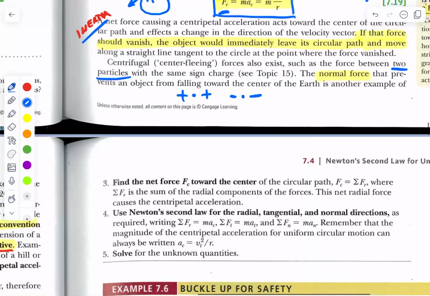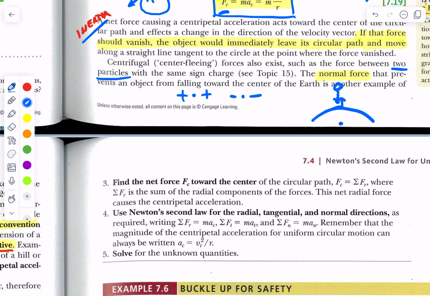Let's see, if an object is falling towards the surface of the earth, and here it comes. How you like that whistle? And it's falling towards the center of the earth until the surface blocks it when it hits. And so the normal force, where the earth is pushing up once the object hits it, would again be a centrifugal or center fleeing force in the opposite direction.